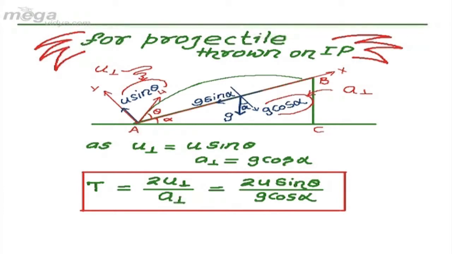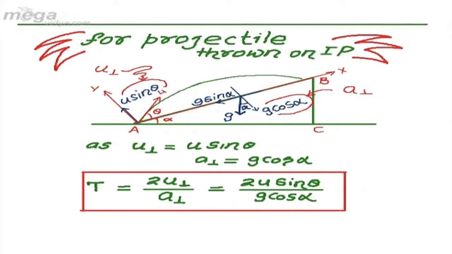As we had discussed earlier, for the formula of time of flight which we had written, 2u perpendicular divided by a perpendicular, we find the value of u perpendicular here for this projectile, and it is no doubt u sine theta.